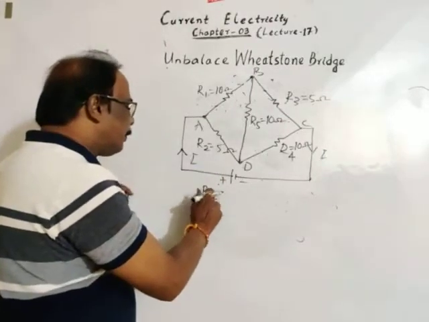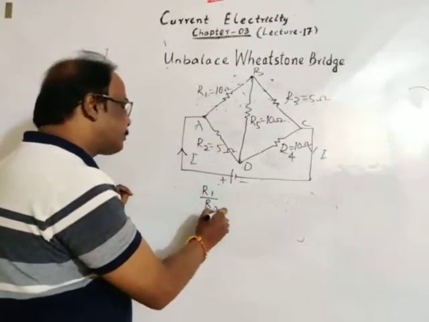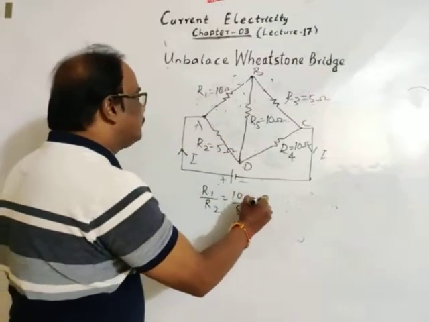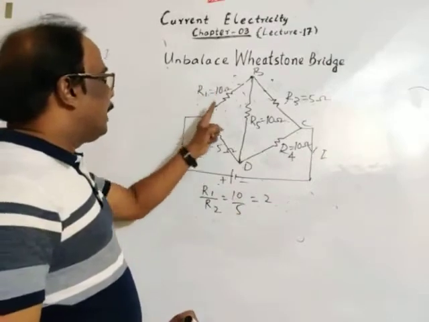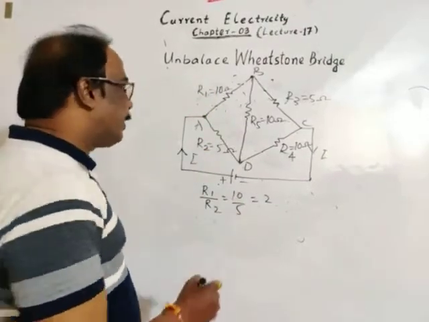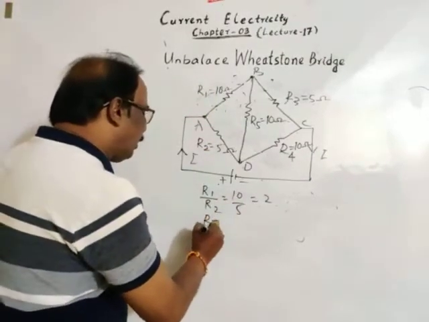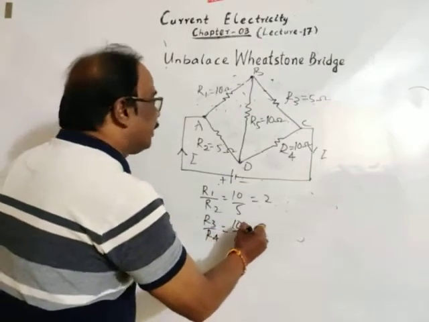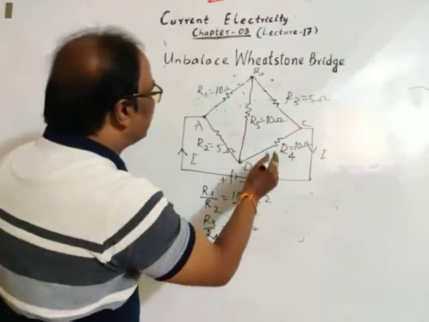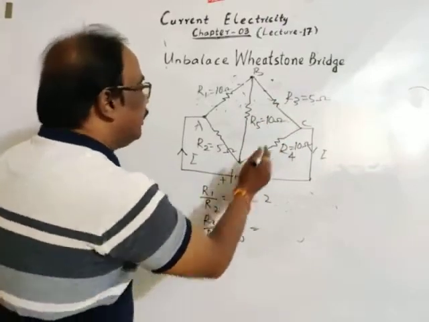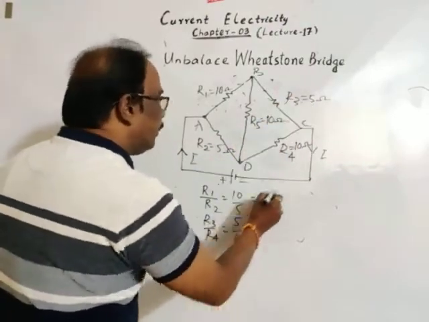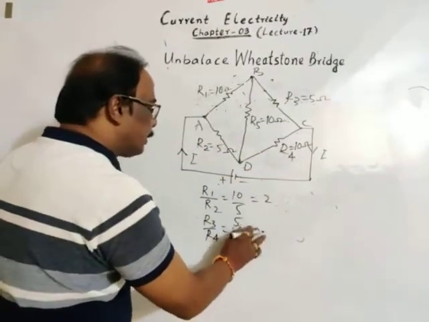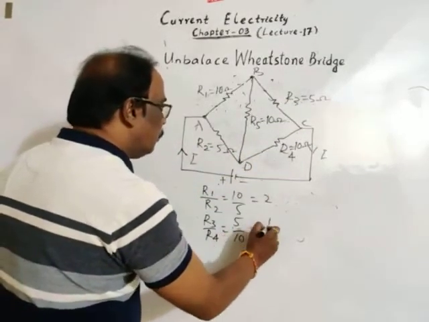R1 by R2, or you may take R2 by R1 also. R1 by R2 is 10 divided by 5, which is 2. And R3 divided by R4: R3 is 5 ohm, R4 is 10 ohm, and this will come 1 by 2.